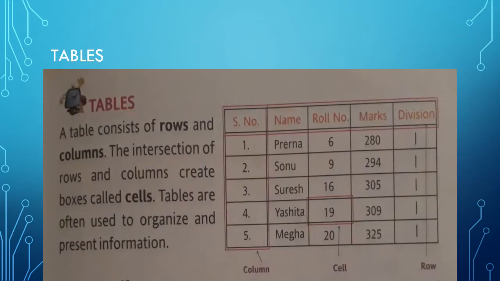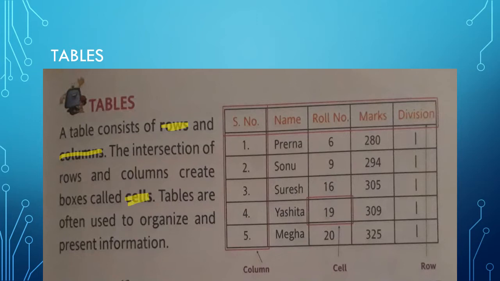In this video, first of all, I am going to tell you how to insert a table, and before that we should know what a table is. A table consists of rows and columns, and the intersection of rows and columns creates boxes that are called cells.